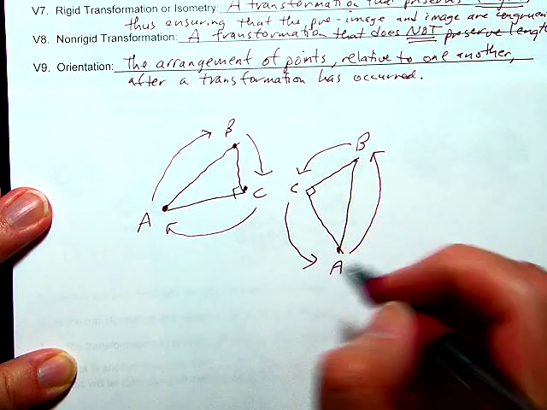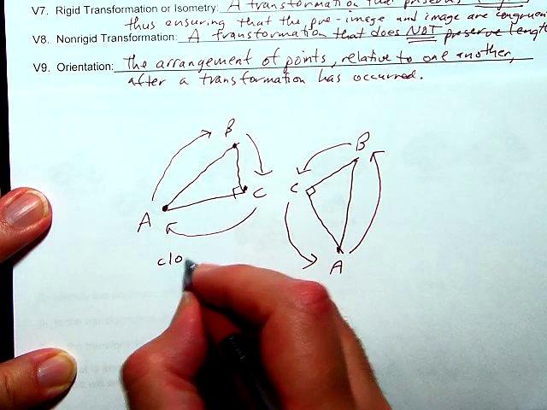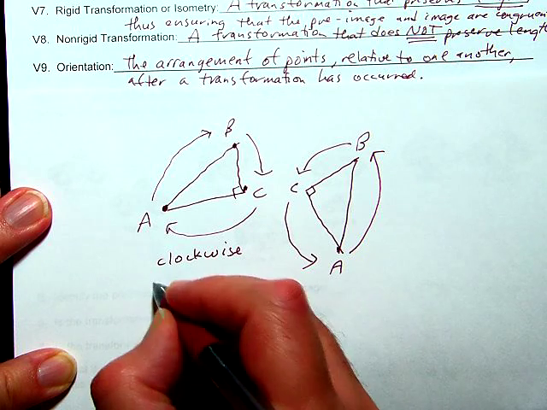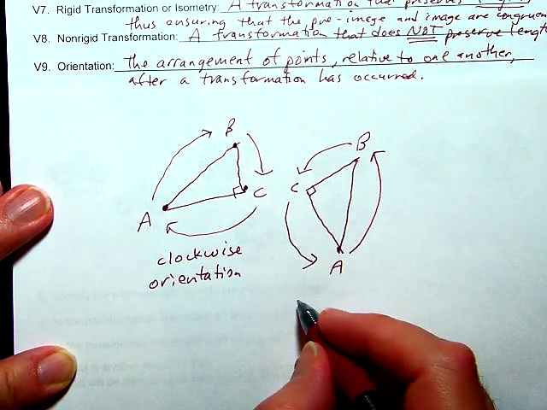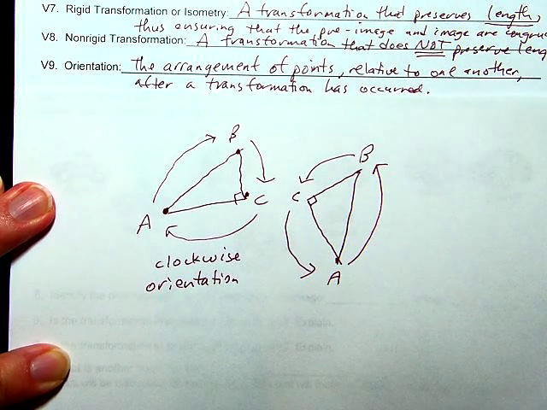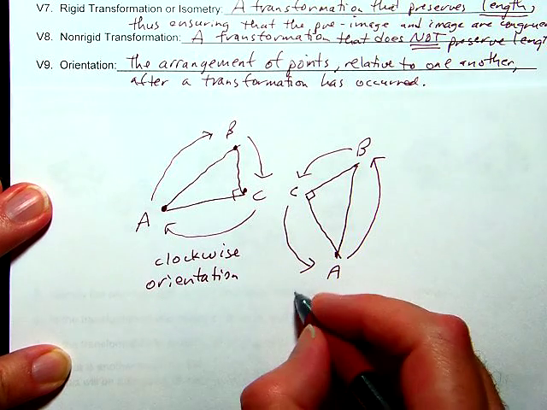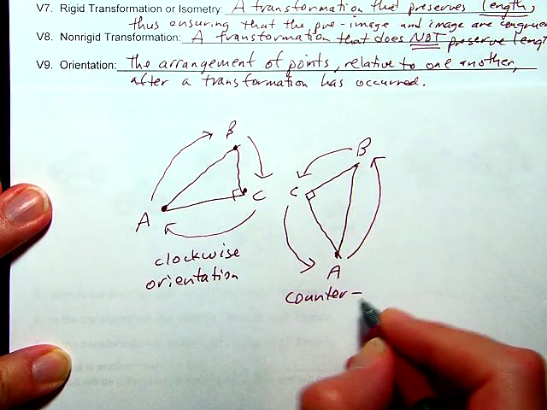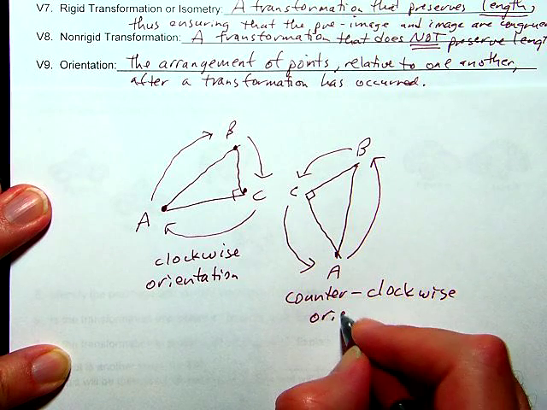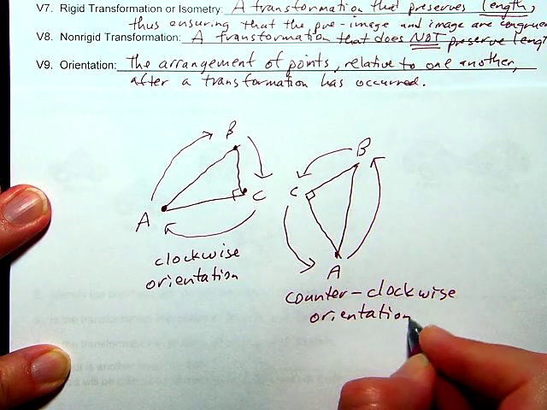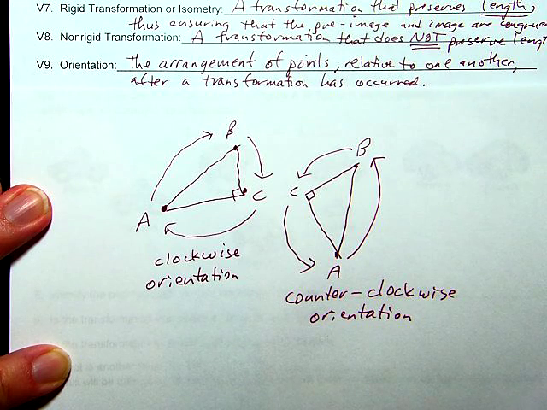So in this case, we have a clockwise orientation to the left triangle, and we have a counterclockwise orientation to the right triangle. So the orientations are different, even though they are congruent and even though the transformation was an isometry.